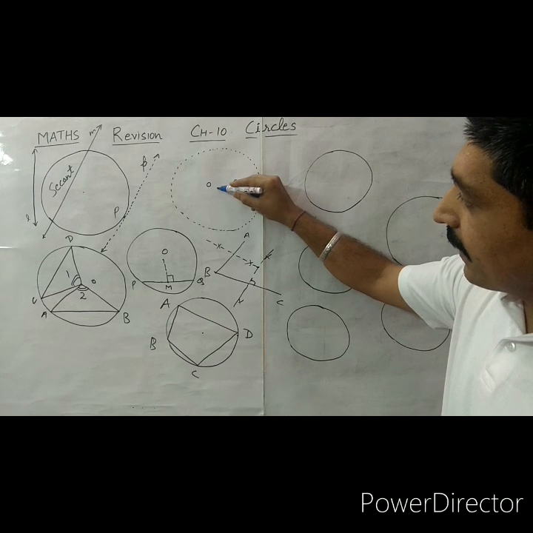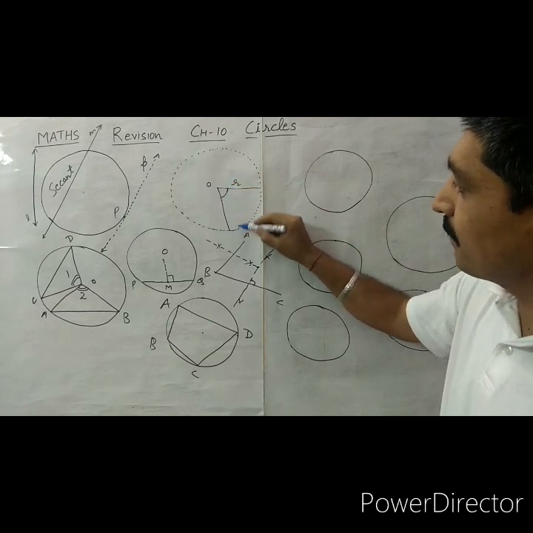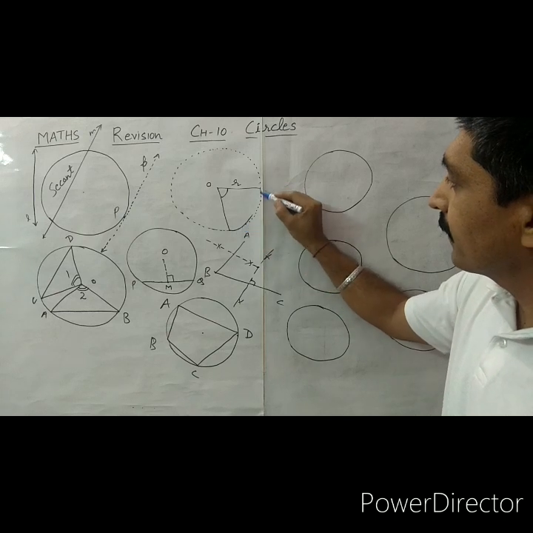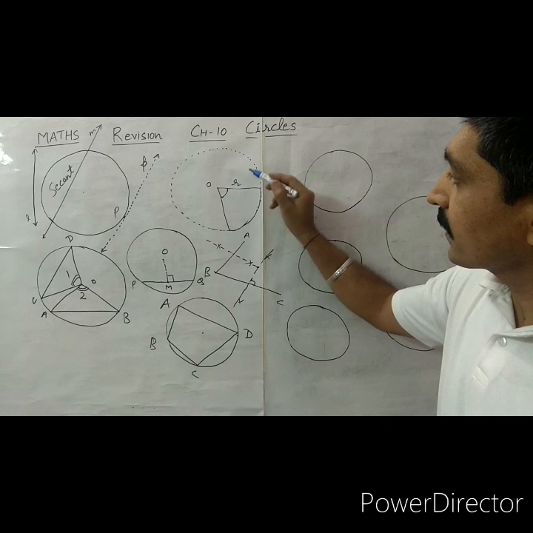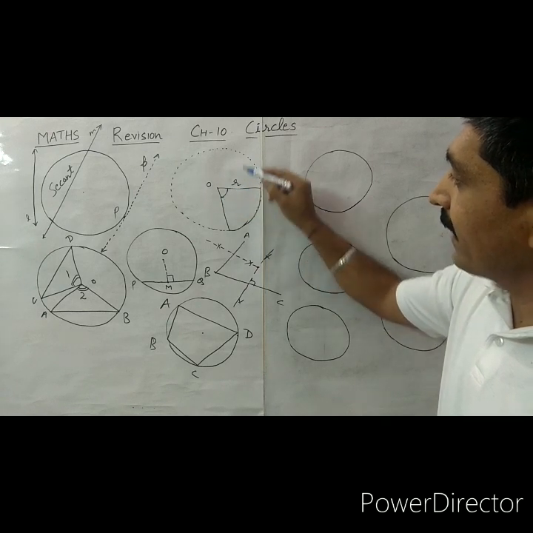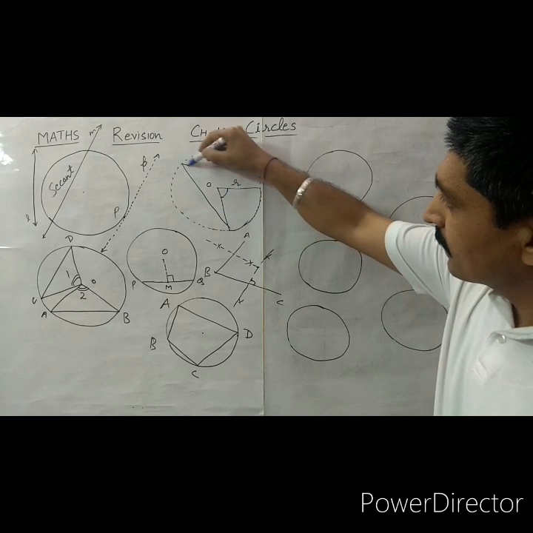If the angle subtended at the center of a circle by an arc is double, then the angle subtended at the other part of the circle is half.